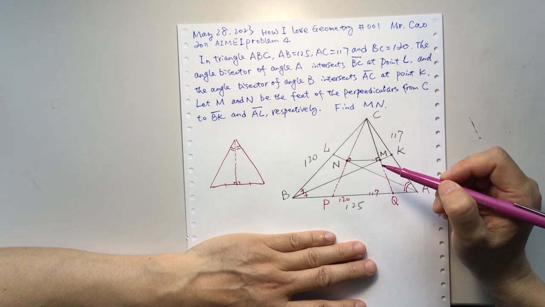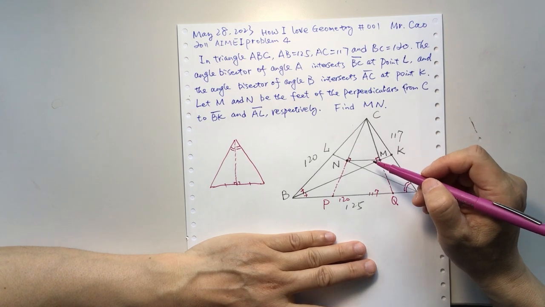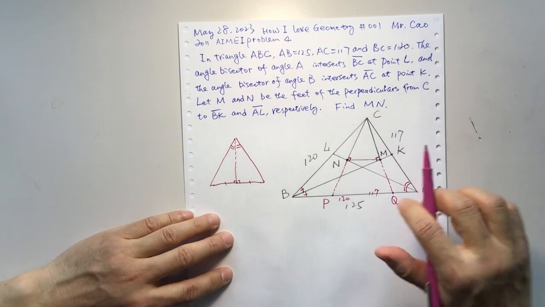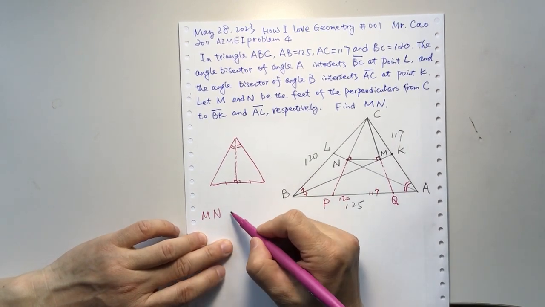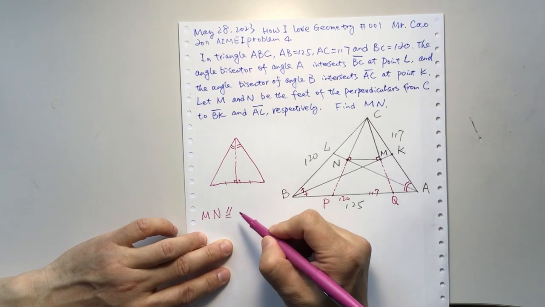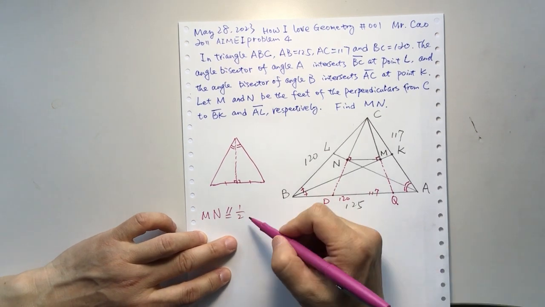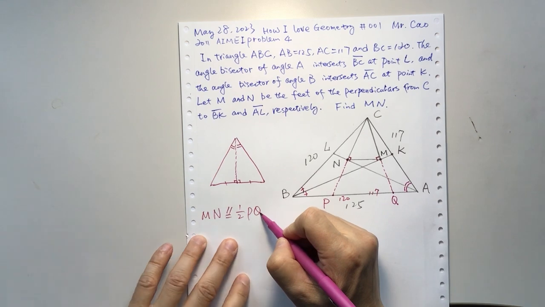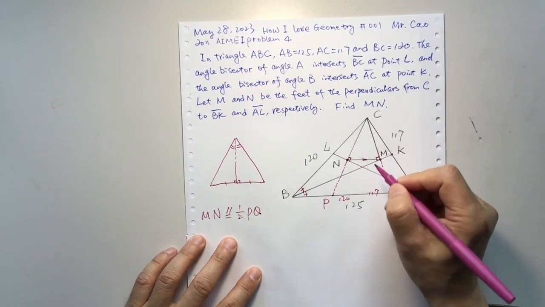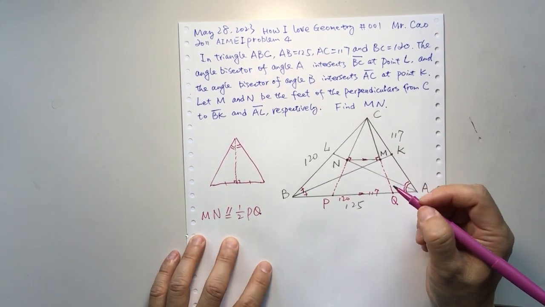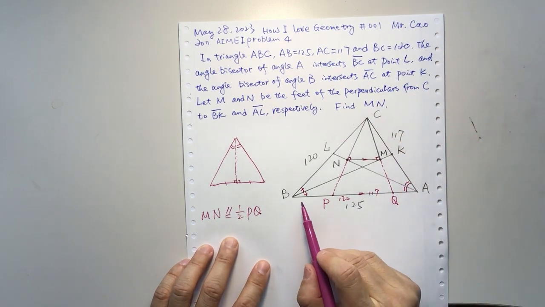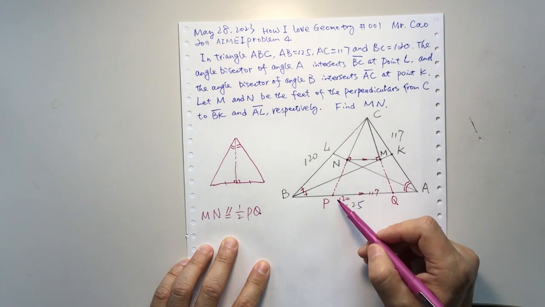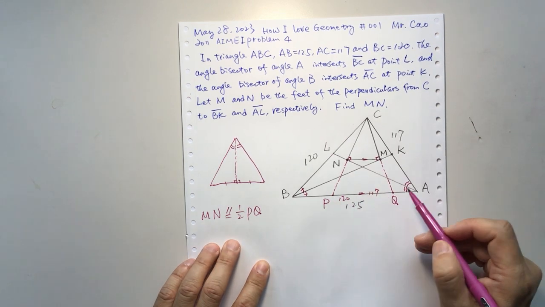This is a theorem: MN is parallel to and equal to 1/2 of PQ. The problem asks us to find MN, so MN is 1/2 of PQ.